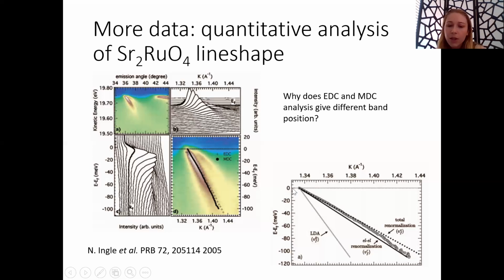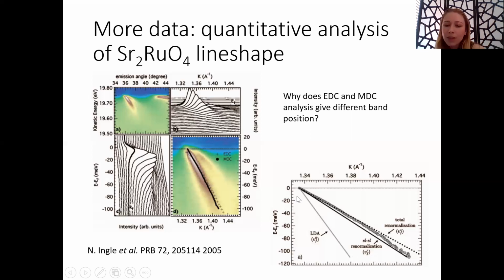And then the light gray line here is the band dispersion that is expected from a non-interacting model. What interactions do is they make the slope of the dispersion smaller, they make the velocity smaller, and that is captured in the black line here, which is electron-electron interactions giving the renormalization.